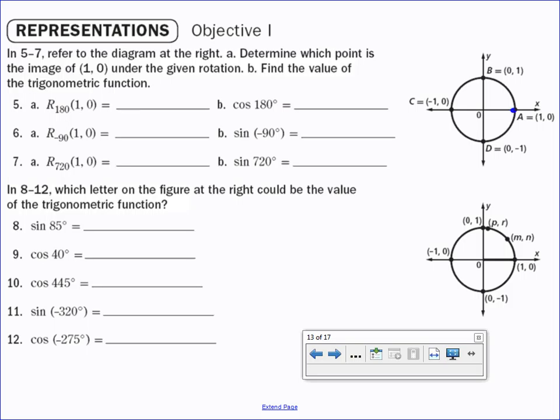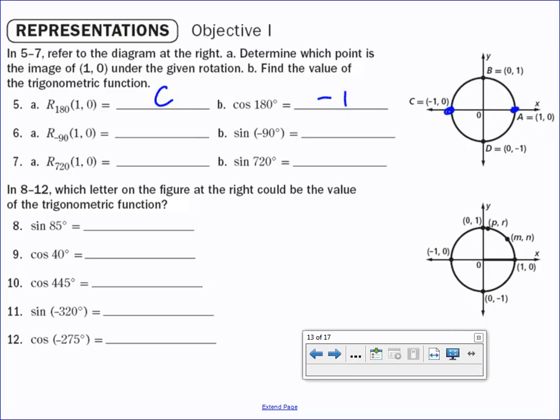If I spin my initial point (1, 0) 180 degrees, I end up at point C. Is cosine the x-coordinate or y-coordinate? Blake? The x-coordinate. Therefore, the x-coordinate of point C is the cosine of 180 degrees, which is -1. You just spin and then pick out whether it's sine or cosine.